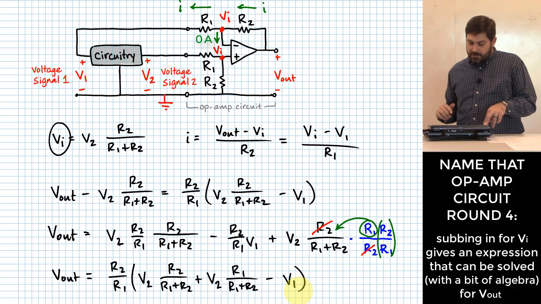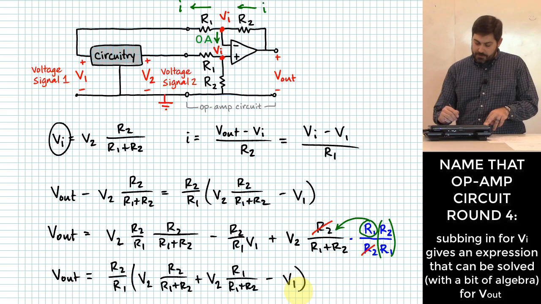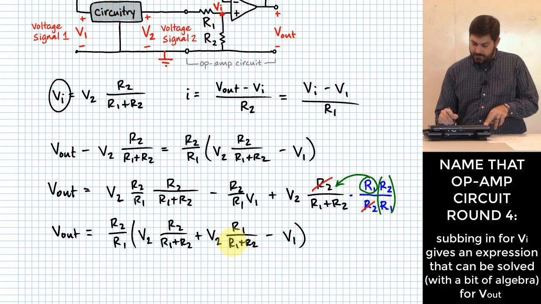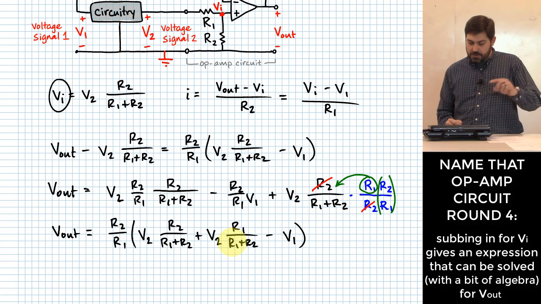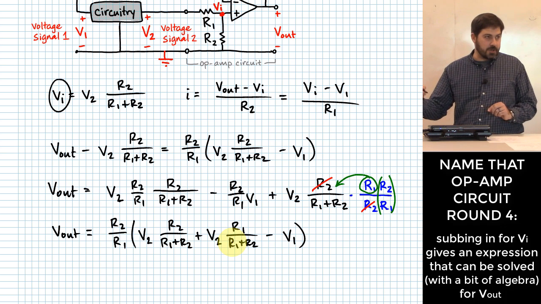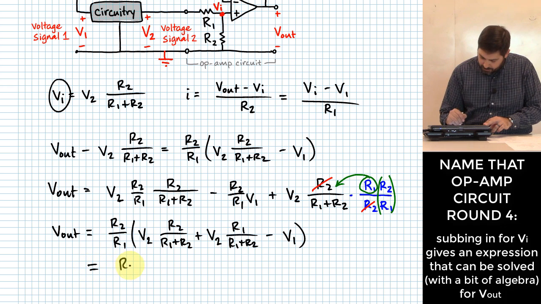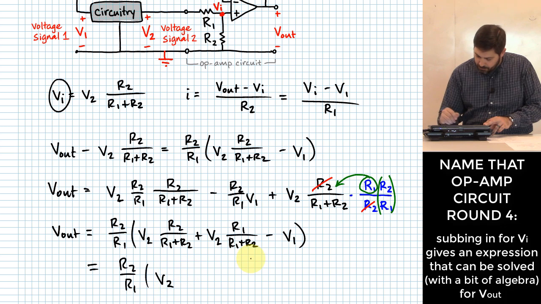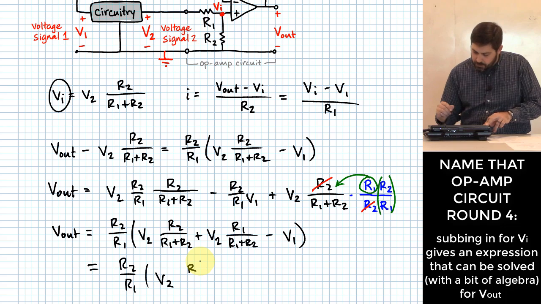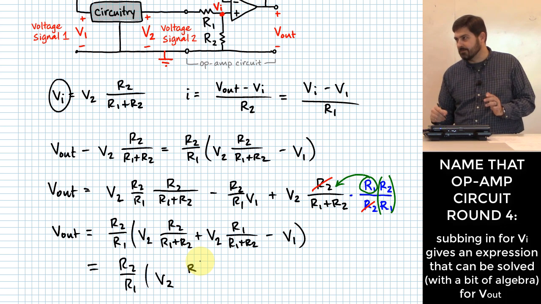Can I factor out a V2 from those first two terms? What does that leave me with if I factor out a V2? It'll be R2 over R1 plus R2 plus R1 over R1 plus R2, right? I'll go ahead and write it all out. V out is going to be equal to R2 over R1 times V2 times. Do those have the same denominator?